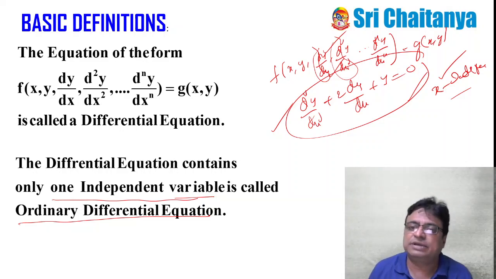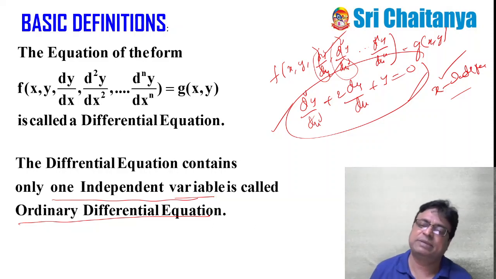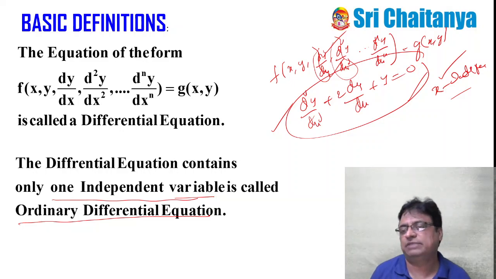Sometimes if the equation contains more than one independent variable, it is not an ordinary differential equation. They are just called differential equations, sometimes partial differential equations also. That we will learn in higher classes, but here we are concentrating on ordinary differential equations.